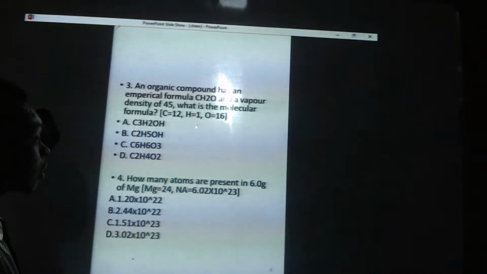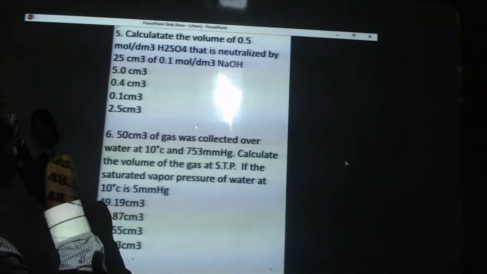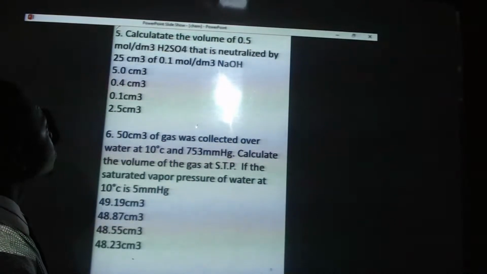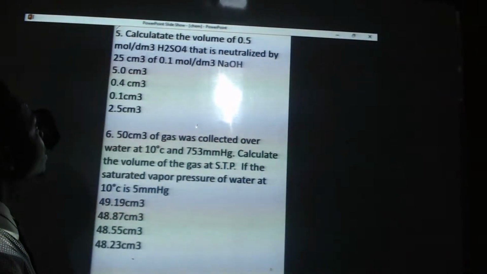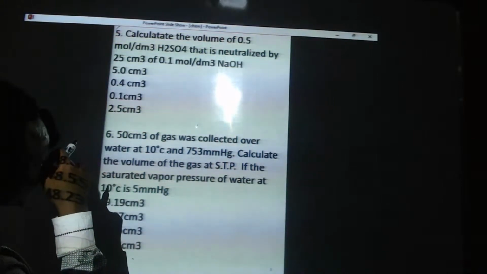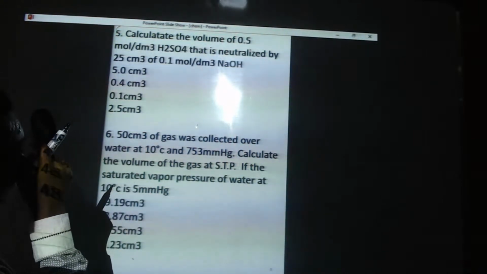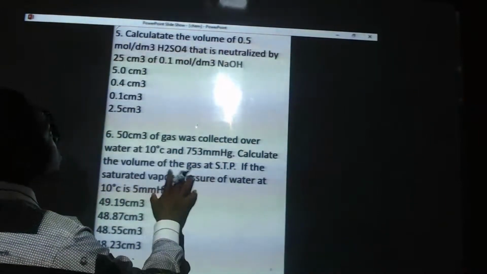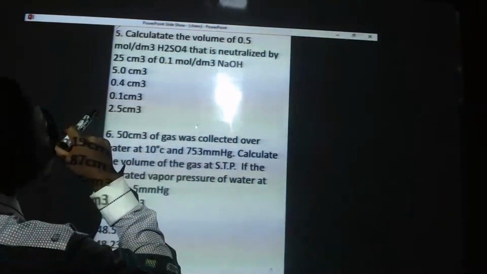All right. Now let's say calculate the volume of 0.5 mole per dm cube of H2SO4 that is neutralized by 25 cm cube of 0.1 mole per dm cube of sodium hydroxide. So we are dealing with an acid and a base. I'm dealing with sulfuric acid and I'm dealing with sodium hydroxide, and you calculate the volume.